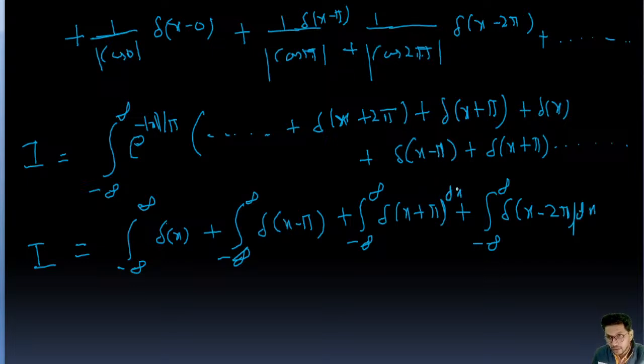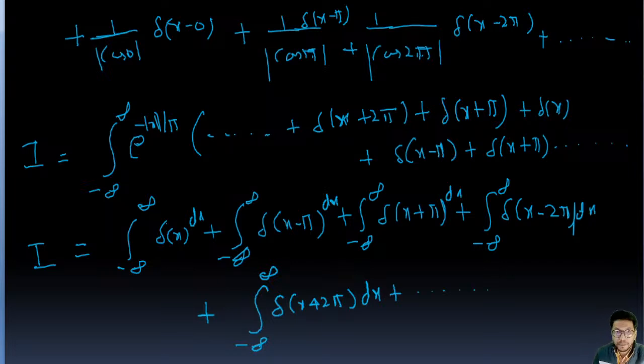Here also dx, here also dx, this is also dx. Plus the integral from minus infinity to plus infinity of delta x plus 2 pi dx, plus so on. We can write in this order as well.